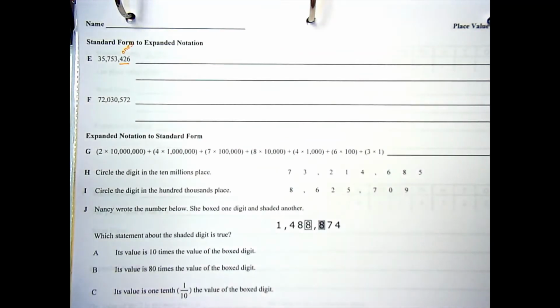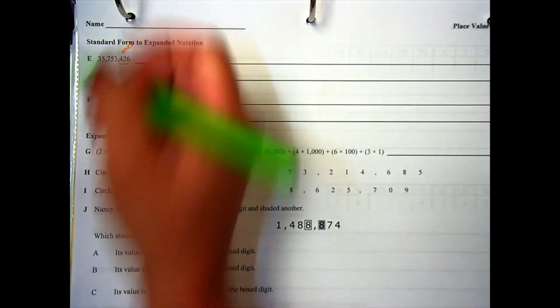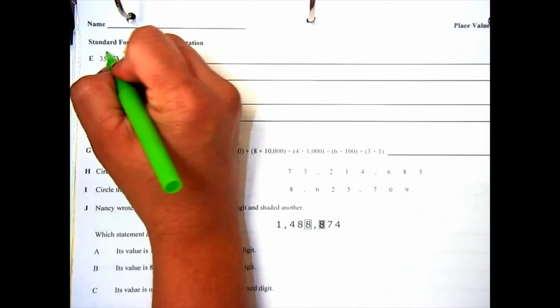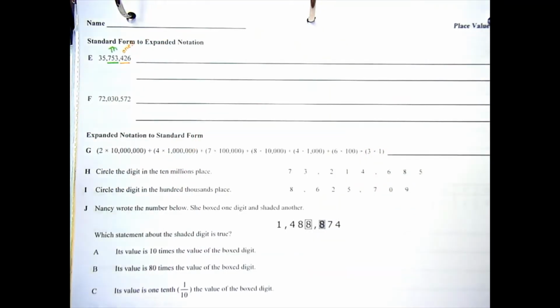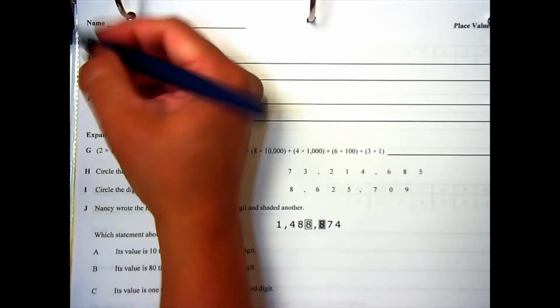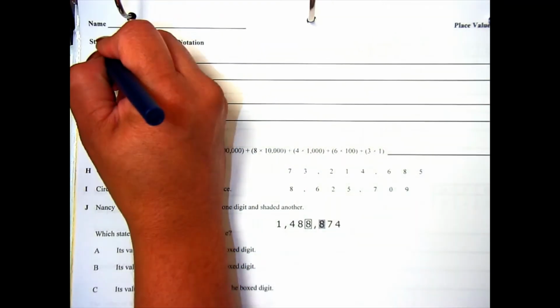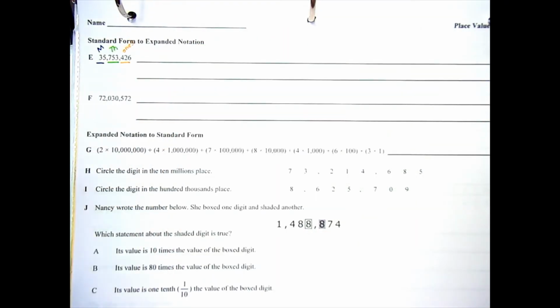The next one is your thousands period. I'm going to put a TH there just to remind us that's our thousands period. And then this is our millions period. That's just reminding you what period it is in.